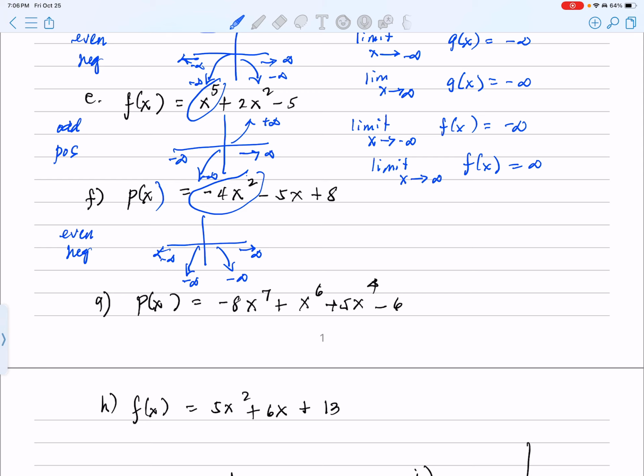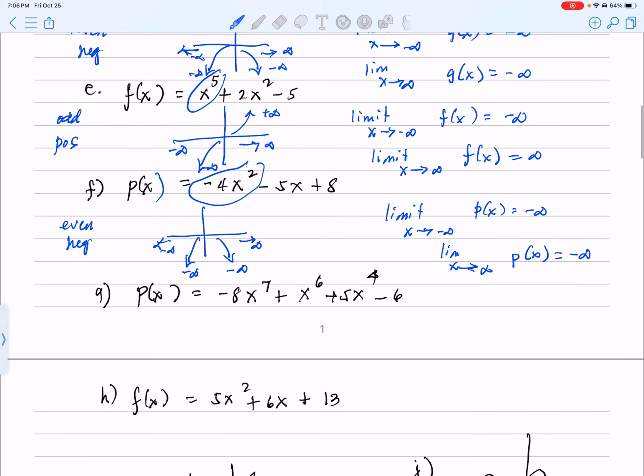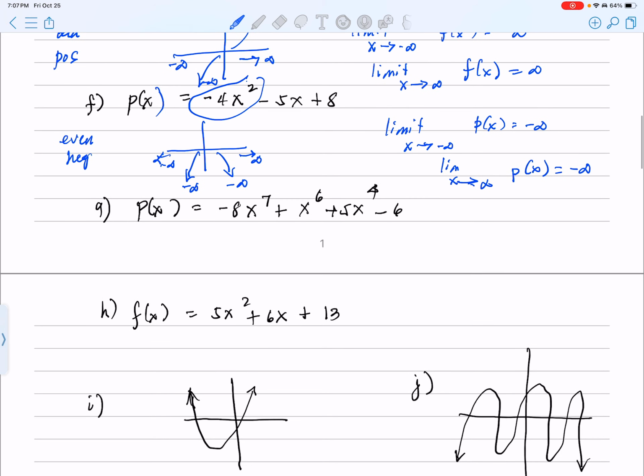That means we could write that the limit as x approaches a negative infinity, the p of x is negative. And also the limit as x approaches positive infinity, the p of x as well approaches negative infinity, because they are heading towards the same direction.